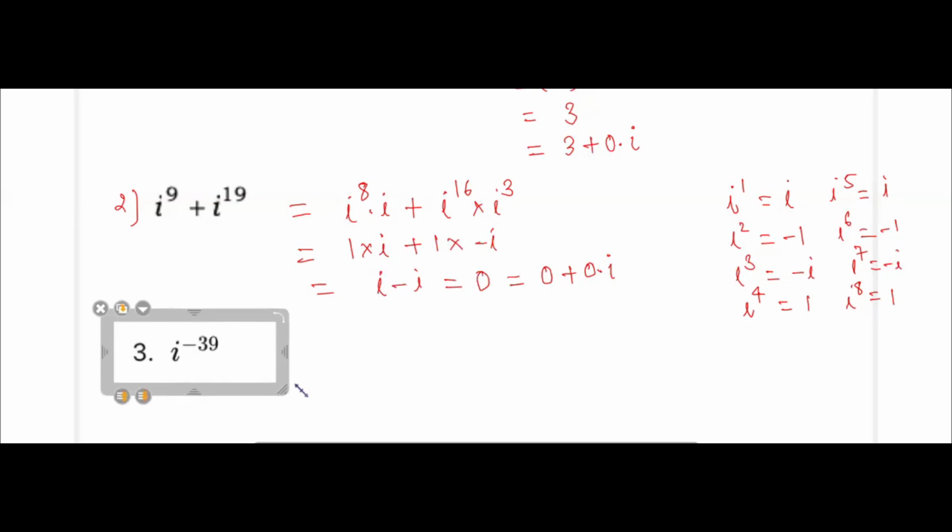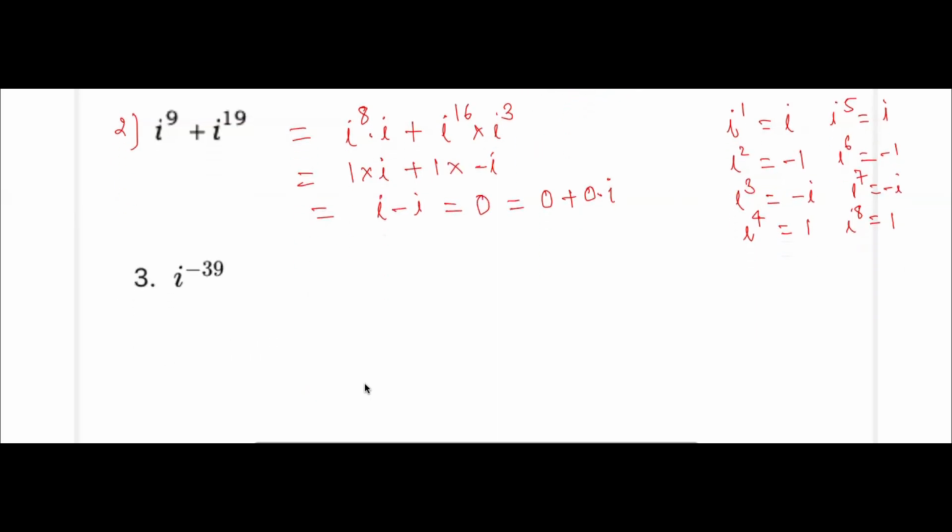So now i to the power minus 39. Same case: we will first put this as 1 upon i to the power 39. This is one of my properties: if you have a power like a to the power minus b, then if you take the reciprocal, the power becomes positive. So this is what I did first.